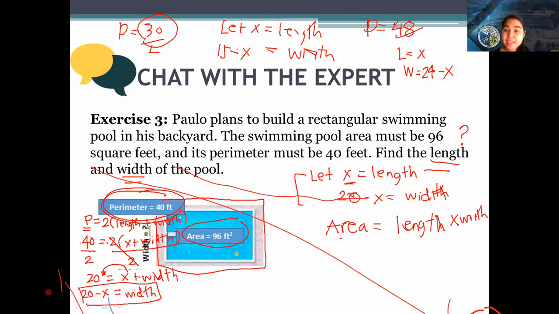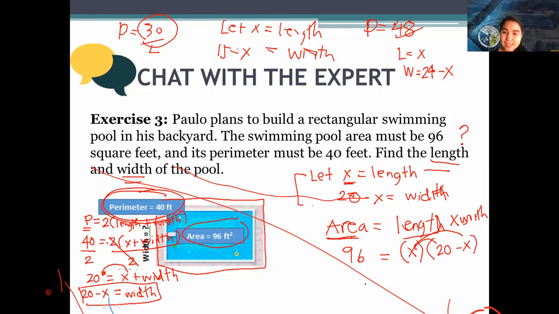Now, area equals length times width. Let us substitute. What's the value of the area? 96, right? What's the value of the length? There, go back to the representation. X times, what's the width? 20 minus x. Let us distribute.